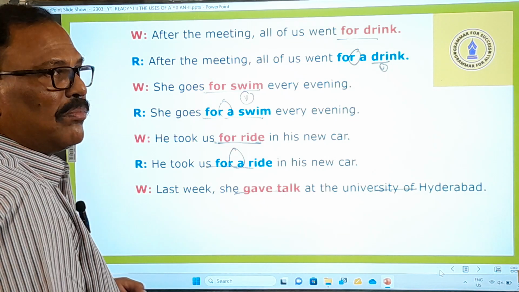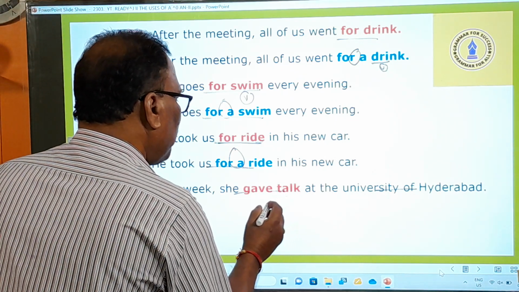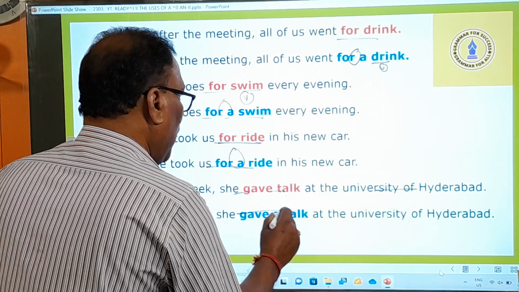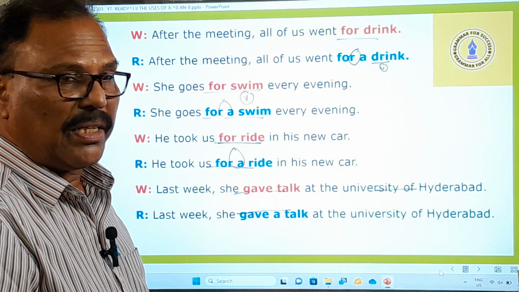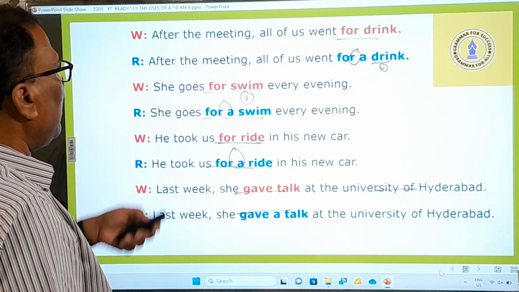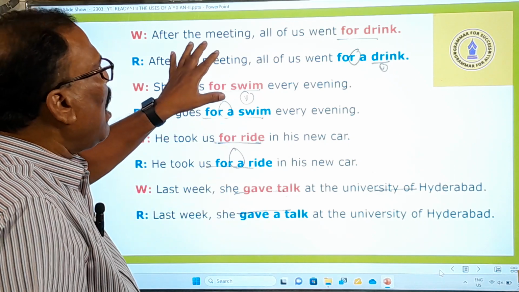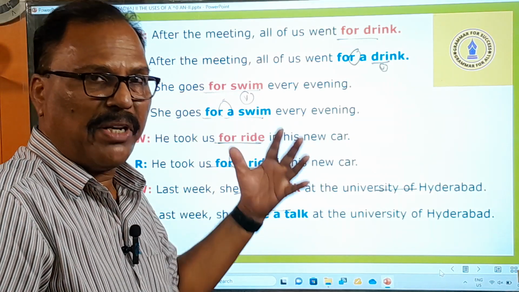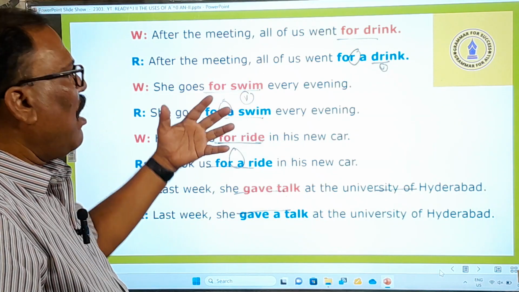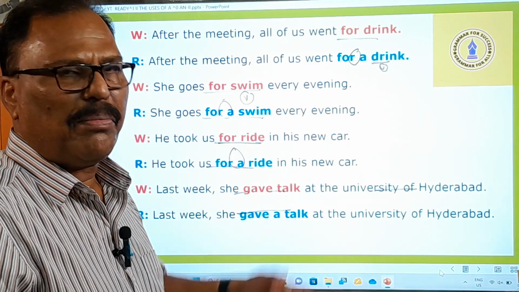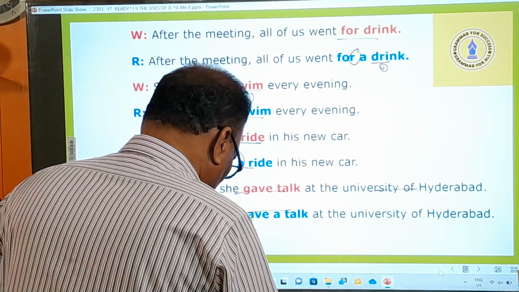Talk is a verb, but you cannot say "gave talk." "Gave talk" is a mistake, and "gave a talk" is the correct thing. Here I'm showing you how the questions are given in the examination, how we have to correct them, and how the right sentences will be. Because you have learned the rule, there will be no problem at all. Now let's go to the next rule.